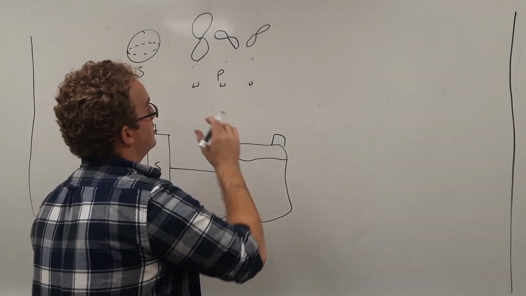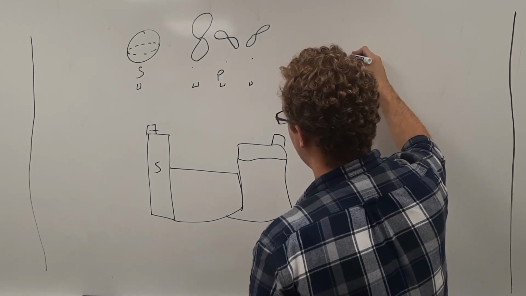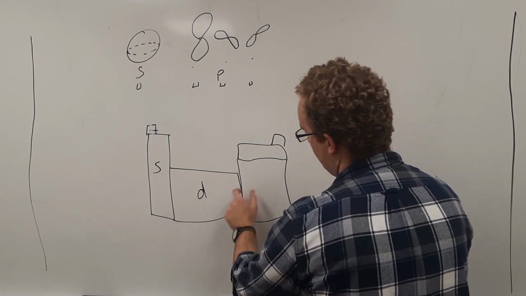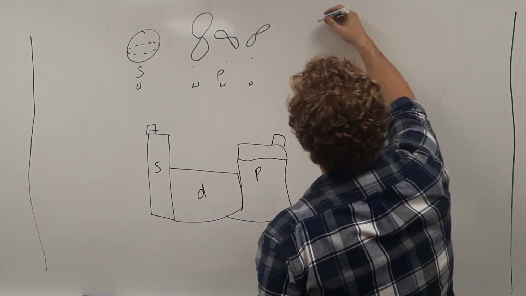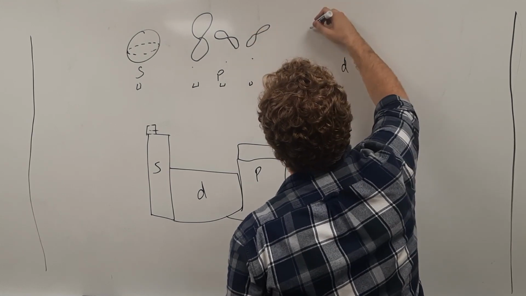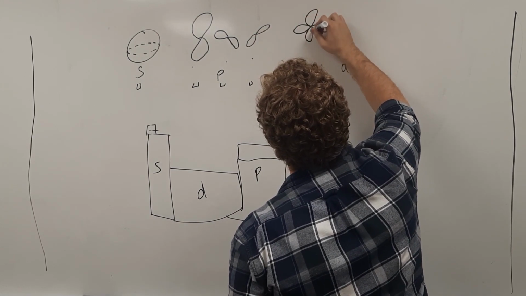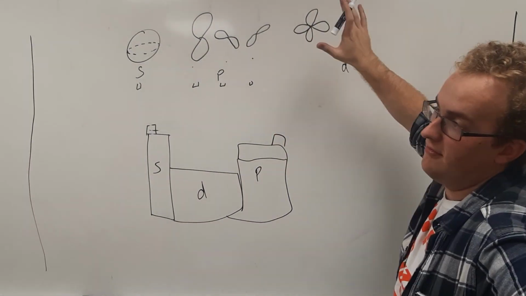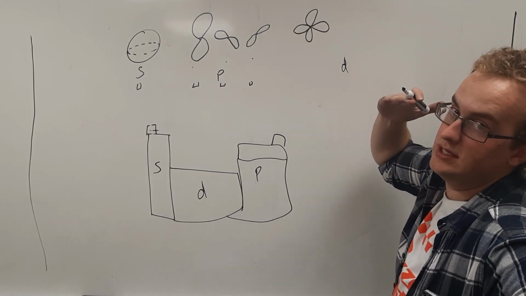Now we'll talk a little bit more about d orbitals. There are 5 of them. They are in this block right here, the transition metals. This block is mostly p blocks. Here we have stuff that looks like 2 dumbbells, most often. I won't draw all of the shapes, but most of them look like this. You'll have a clover like this, you'll rearrange it this way, you'll have one flat, you'll rearrange it this way.